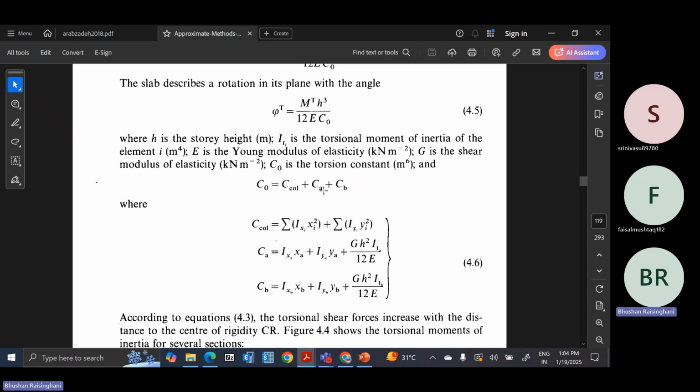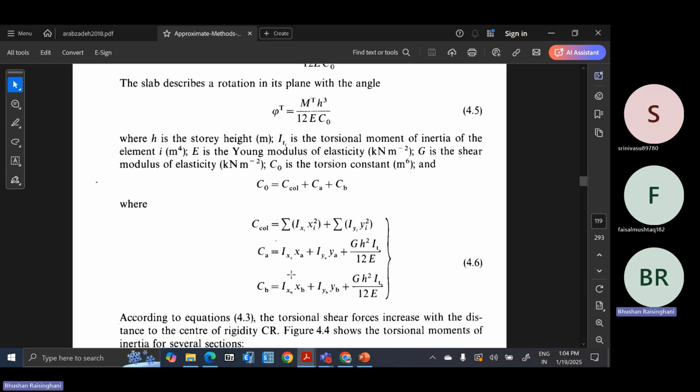For the columns, they have estimated all these values which we are taking as K values. They have taken I into xi square. So this is like lever arm: lever arm square into I value. This is for the column they have taken.